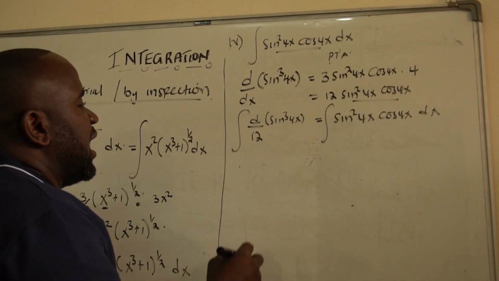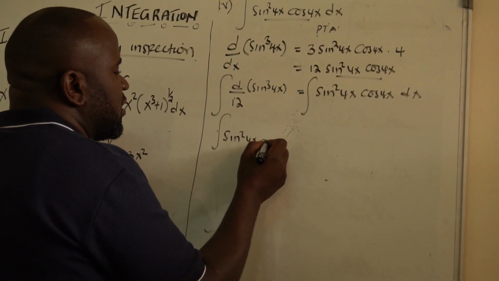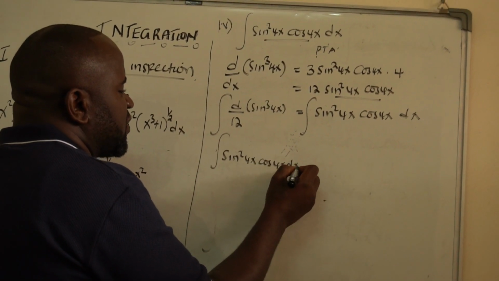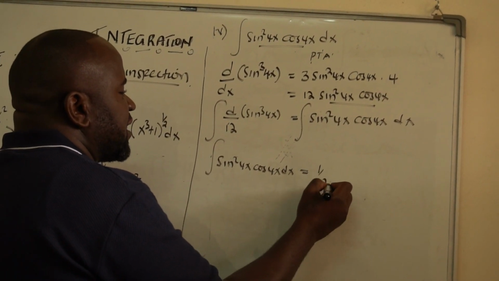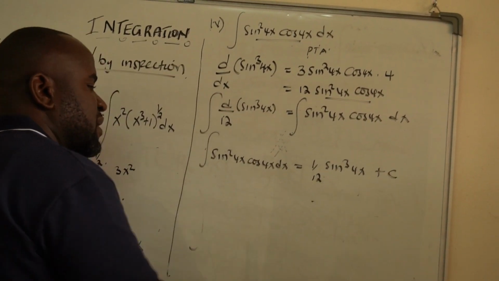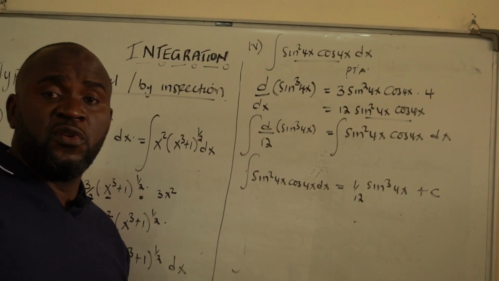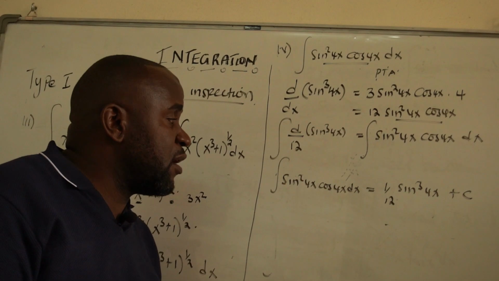When I integrate, I'll have the integral of sine squared of 4x cos of 4x with respect to x is equal to a 12th of sine cubed of 4x plus a constant. And with this, we have managed to handle question 4, which is under type 1 of integration.